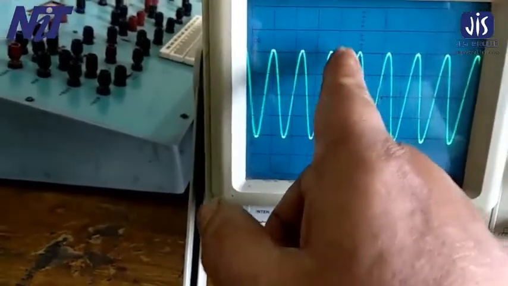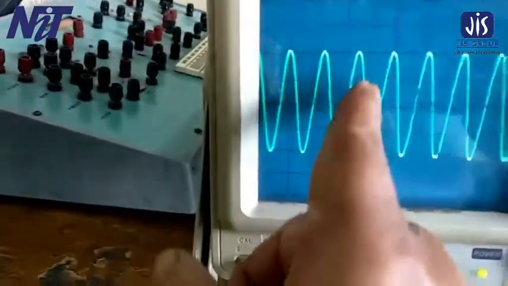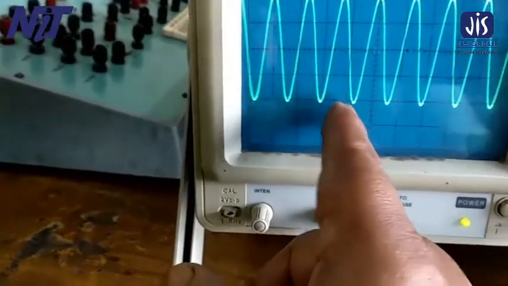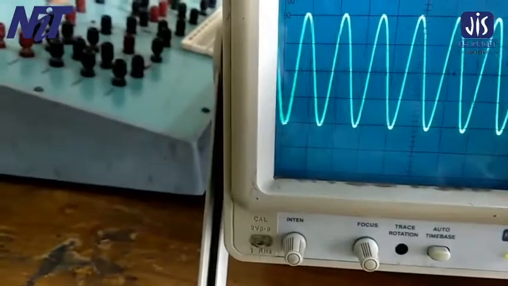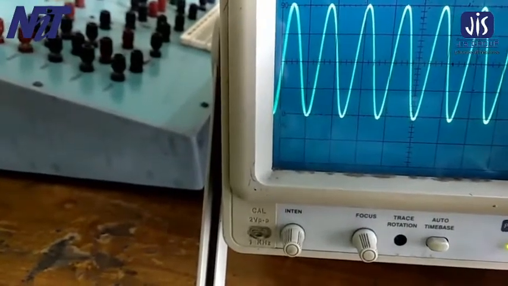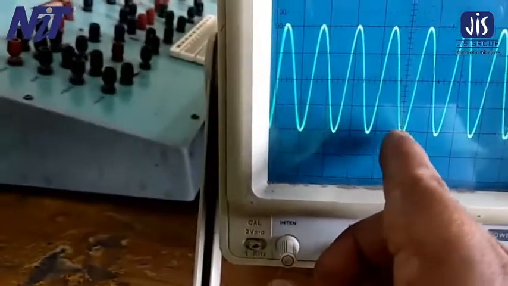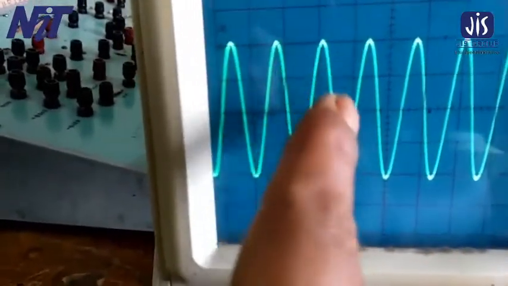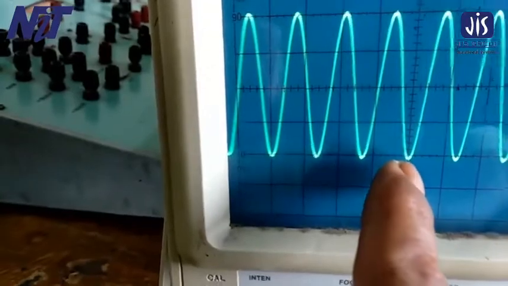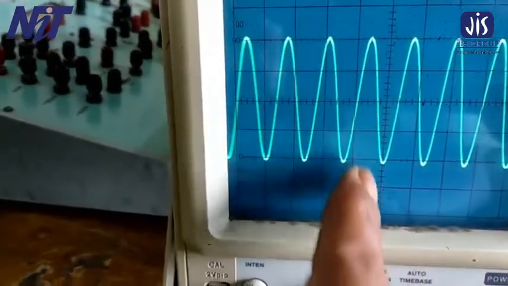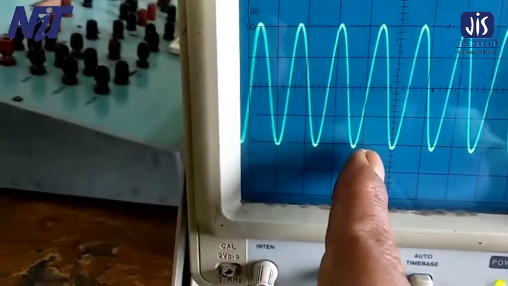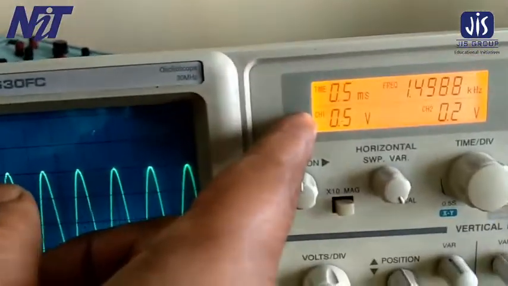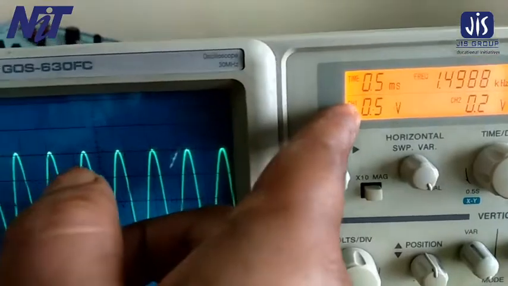So this is 1 division, 2 division, 3 division, 4 division, and then after shifting horizontally, you can take it as 4.2. This is your total transition, and the volt per division is already set at 0.5 volt per division.